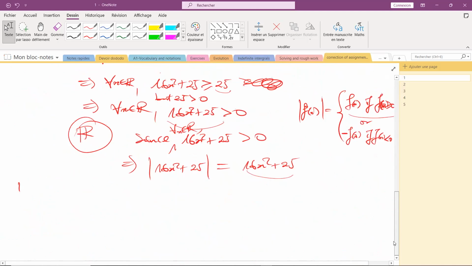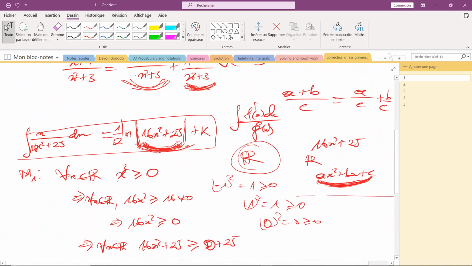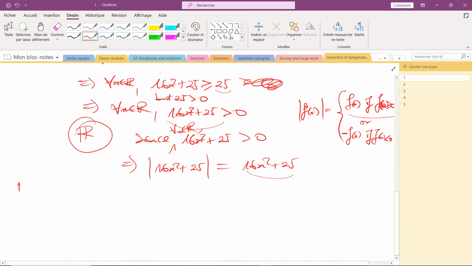For the second method, how are you supposed to prove it? How can you study? You are supposed to study the sign of this on the set of real numbers.